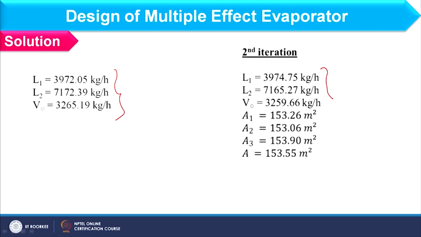The results of the second iteration you can compile as L1 3974.75, L2 7165.27, V0 3259.66, A1, that is the area of the first effect, as 153.26, A2 153.06 and A3 153.9. When you average it, the average is pretty close to the earlier value, and that is 153.55, but still the solution is not completed. You have to iterate further, till all 6 parameters of 2 consecutive iterations are equal.